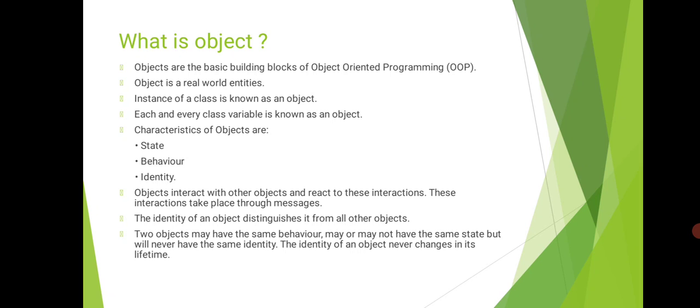Okay, C1 and C2 are the objects of the class. C1 has its own identity, that is customer ID, its own customer name, and its own customer age. Similarly, C2 is another object which has its own customer ID, customer name, and customer age.